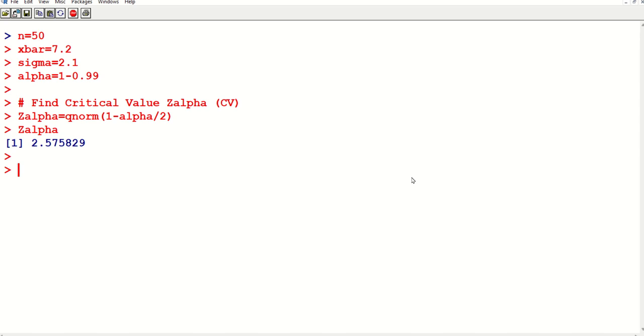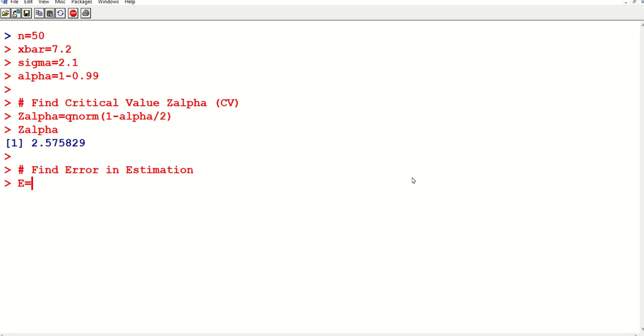Clear? Now what are we calculating? Next is to find the standard error, meaning the maximum possible error, the error in estimation. What is the formula for error?